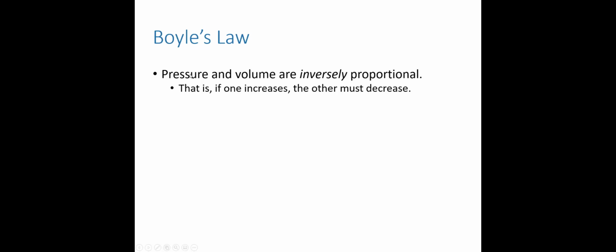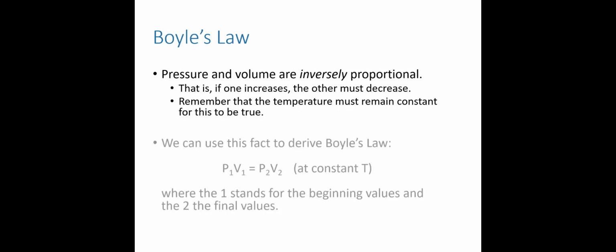So multiplying the pressure by 2 means you have to divide the volume by 2. If you multiply the pressure by 10, you divide the volume by 10. And vice versa, if you divide the pressure by 2, in other words, you make it half, you have to multiply the volume by 2. You do the inverse. And Boyle's law only holds when the temperature remains constant.